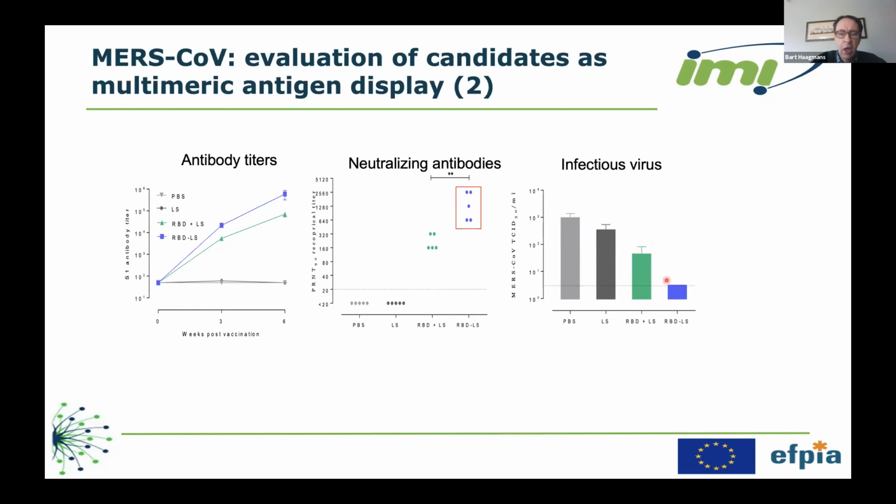It clearly showed high levels of neutralizing antibodies. And on the right, you can see that infectious virus shed from the nose is absent in the animals that were vaccinated with the RBD lumazine synthase. So clearly indicating a beneficial effect of the coupling. Next slide.